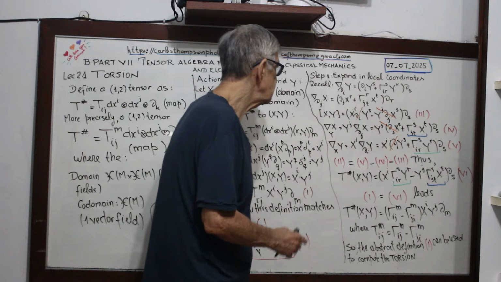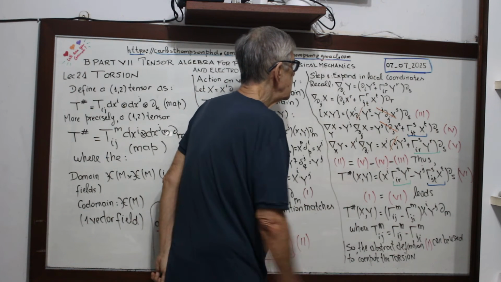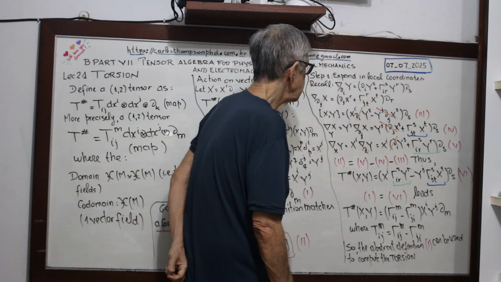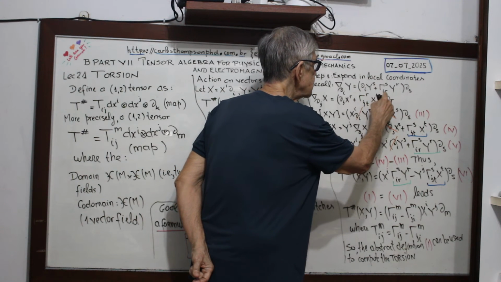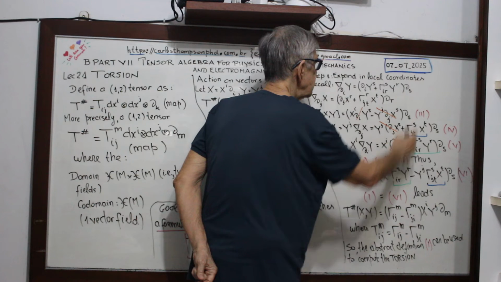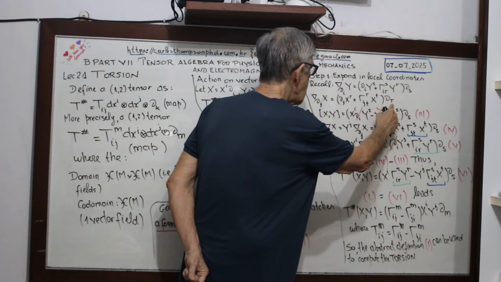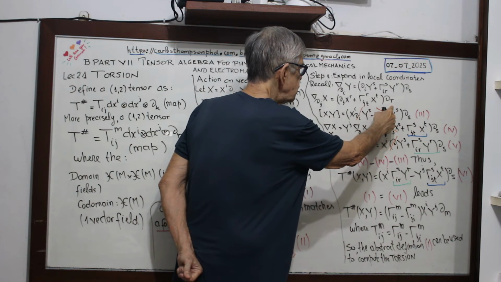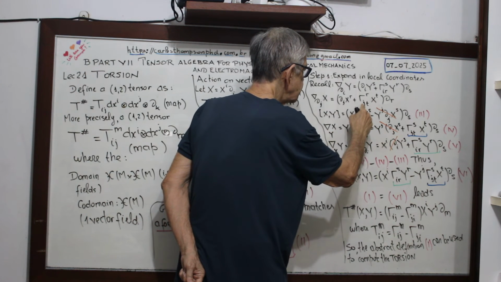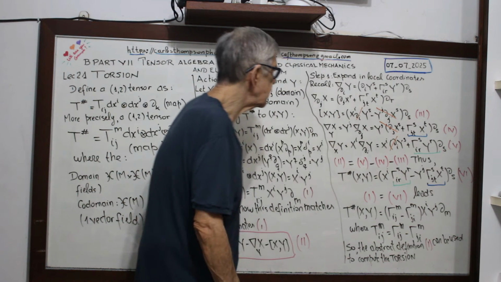Now attention, j and r are dummy indices, and here i and s are dummy. Multiplied by r, this j over here is expressed on the left hand side.